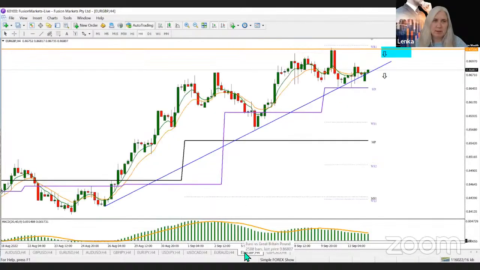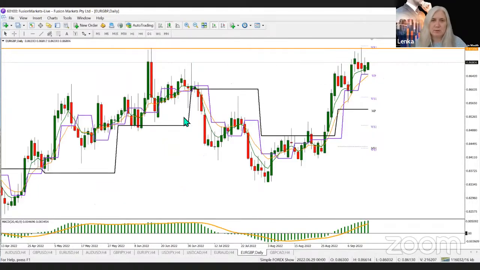Next currency pair is EURGBP. And EURGBP, similarly here, I'm looking for that price action to go a bit further up, again, to that previous level of resistance. I'm looking at that and this area here again.